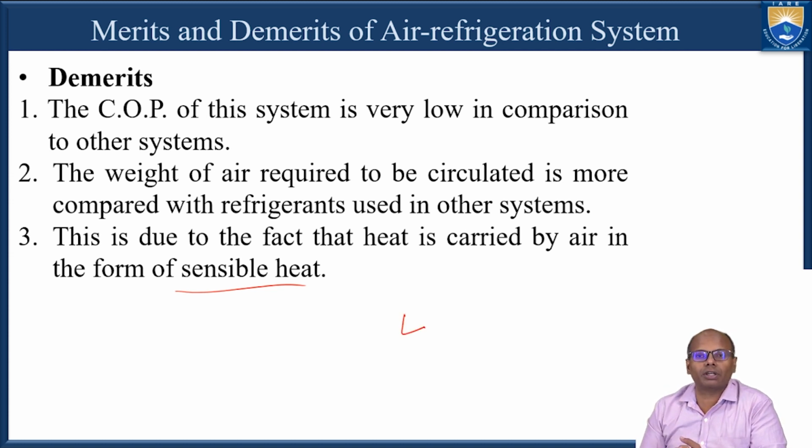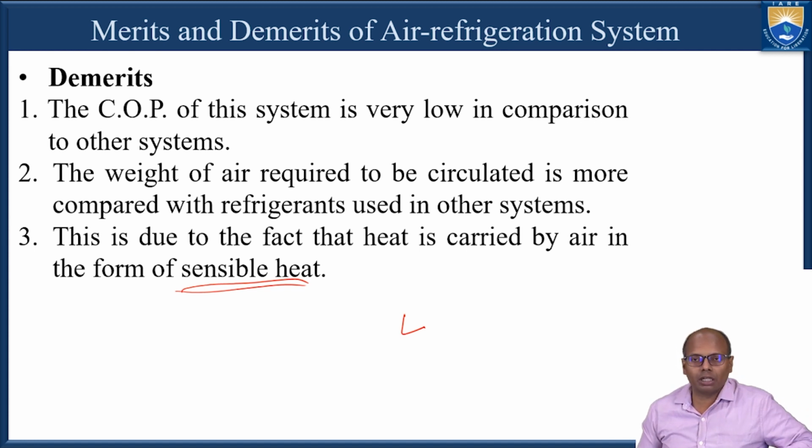But when there is no change of phase, we are restricted to the sensible heat exchange. Okay, we can use only the sensible heat of the fluid, which is used as a refrigerant. That is the reason we have to supply more air for the same refrigeration effect as compared to the ammonia in case of vapor compression refrigeration cycle. So this is about today's discussion.